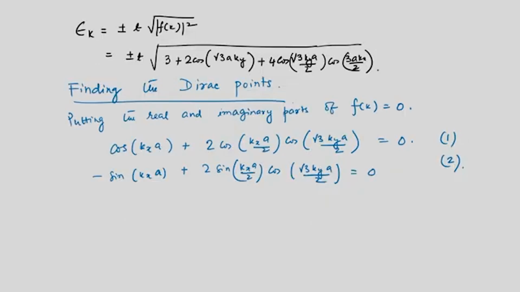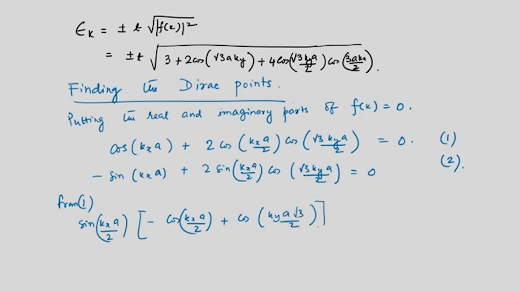And so if you manipulate the first one, then from 1 we get sin(k_x a/2) [a minus cos(k_x a/2) plus a cos(k_y a root 3/2)] equal to 0.